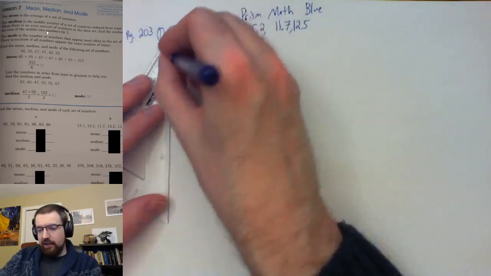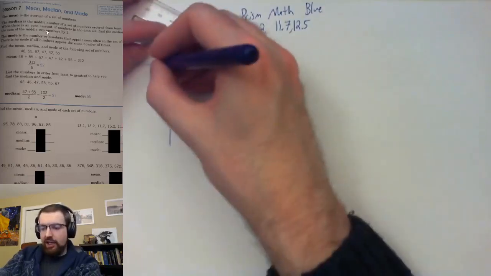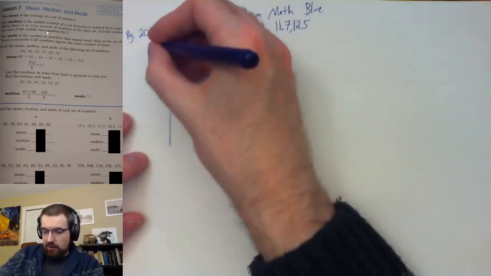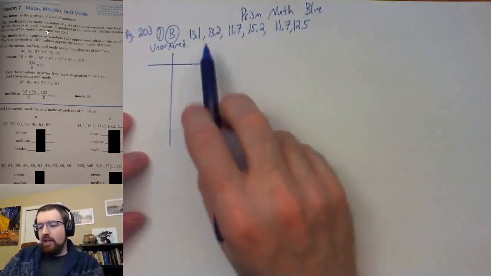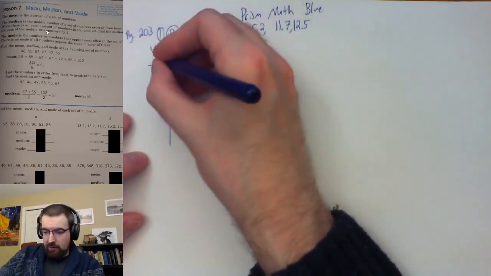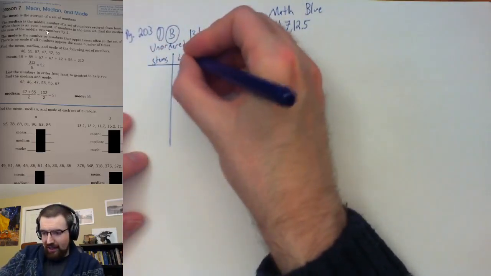Now, one reason I wanted to show this one for a stem and leaf is because it's a really good example of one where there's the other edge case that we haven't dealt with yet, which is decimals. So it's going to be my unordered. Now, again, we kind of run into the same issue as the last one.